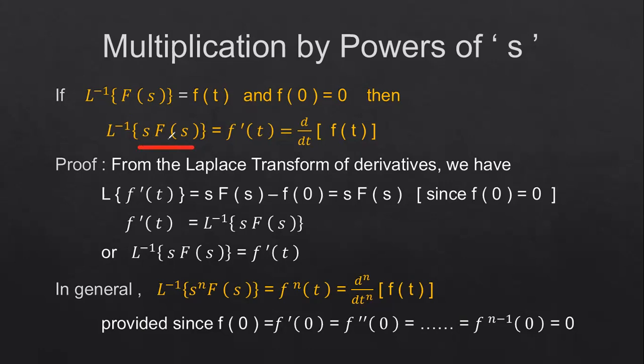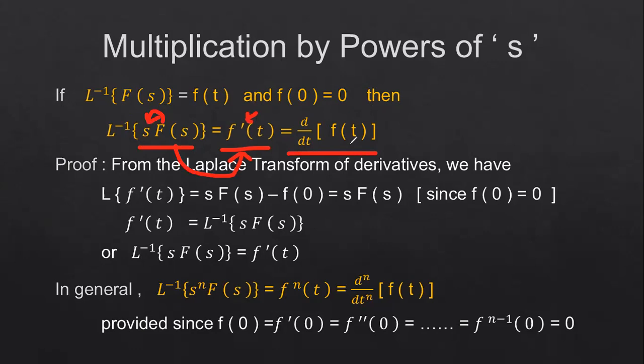When s is multiplied with F of s, that is equal to f dash t. That is nothing but you have to make the first derivative of the f of t function. If it is multiplied by s, then you have to do one time differentiation with respect to t for the given function.